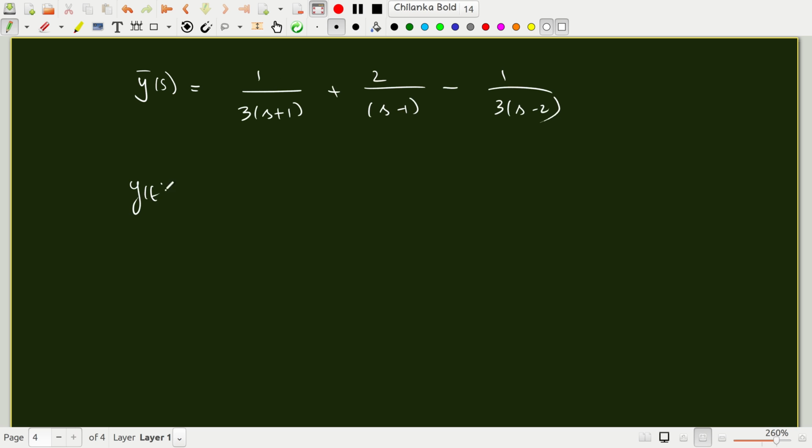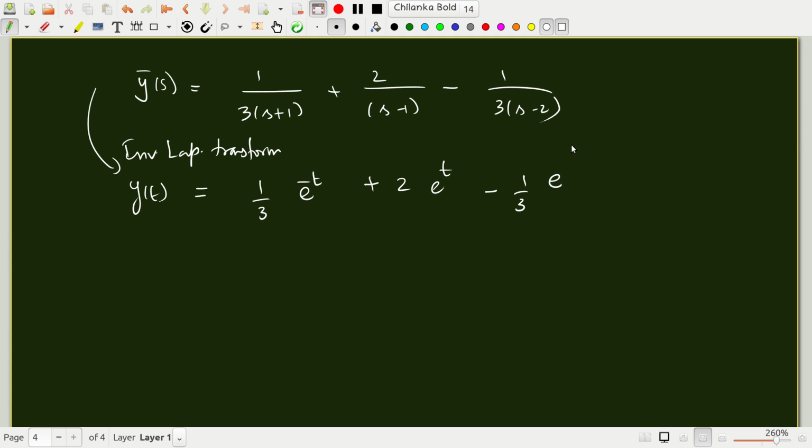Then y of t, inverse Laplace transform, using the method that we discussed long ago in complex analysis. I won't go into the details. So this is 1 by 3 e to the minus t plus 2 e to the plus t, sorry, minus 1 by 3 e to the 2t.